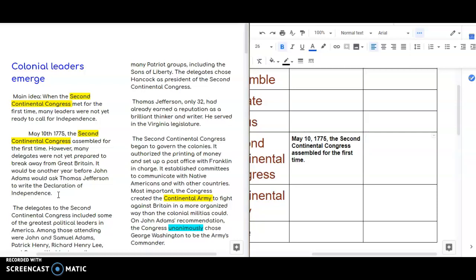So I would say that the Second Continental Congress was a political body that met to talk about how they were going to break away from Great Britain, as well as structure the nation or create their own political body as a new nation.